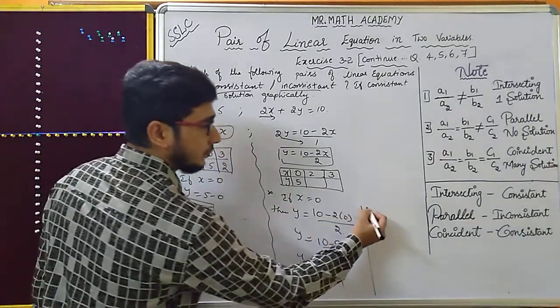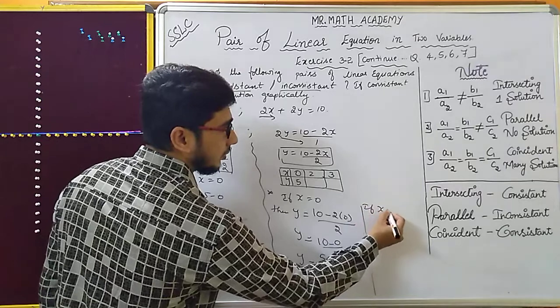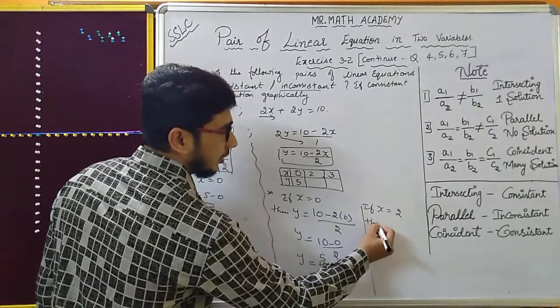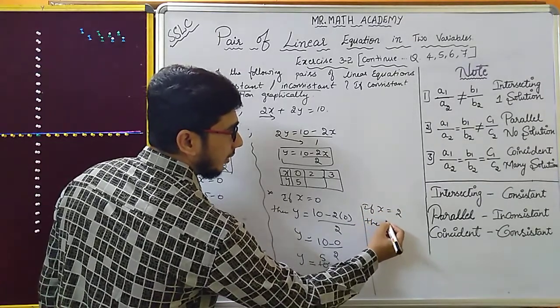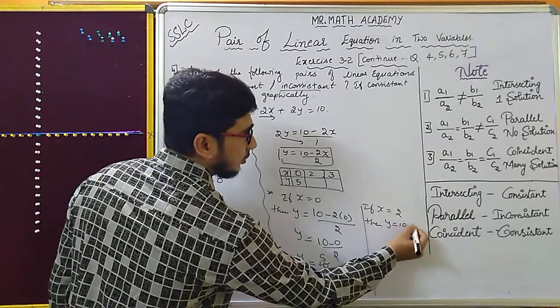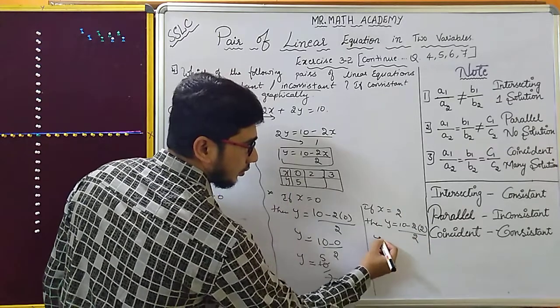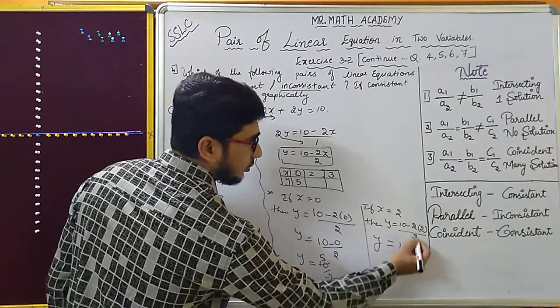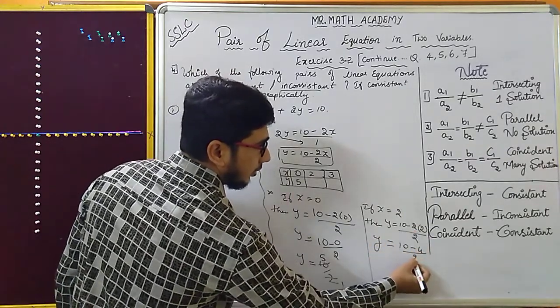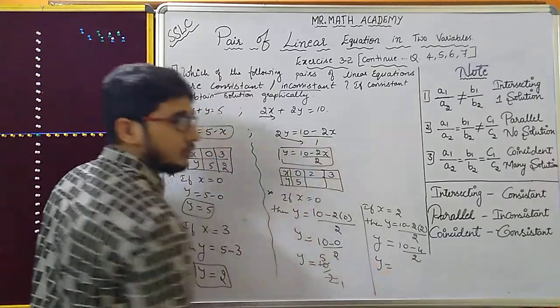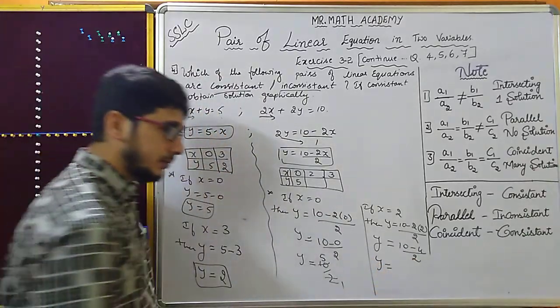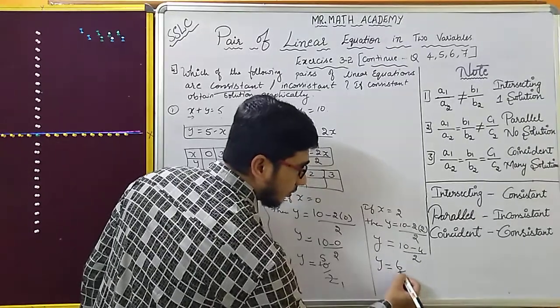Next, I'll take 2. If x is equal to 2, then y is equal to 10 minus 2 into 2, all divided by 2. So y is equal to 10 minus 2 2s are 4, by 2. y is equal to 10 minus 4, which is 6. 6 by 2: 2 3s are 6.